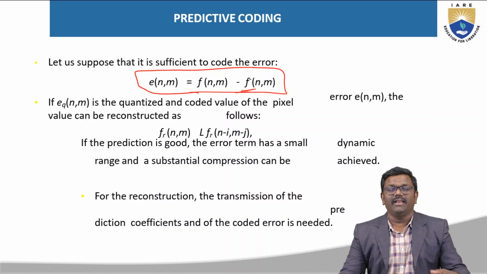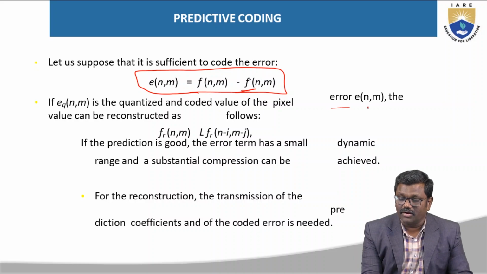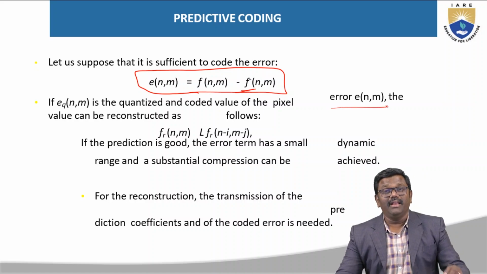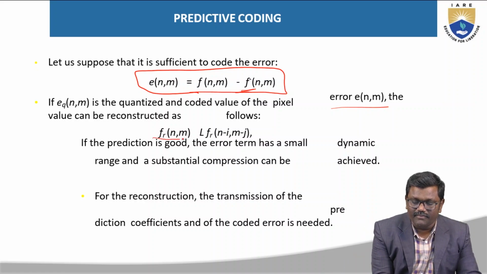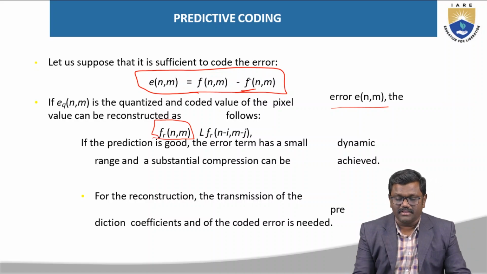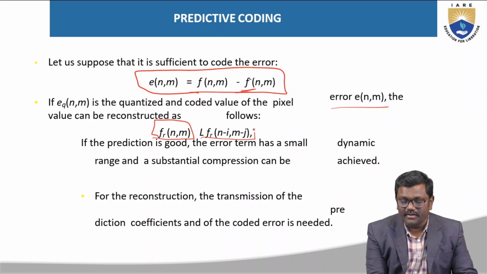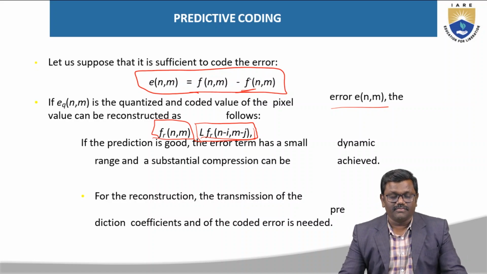We can consider this value as an equation in terms of the variation of n comma m values. e is the quantized decoded value of the pixels, which we call the error. The value can be reconstructed as follows. In this sense, f suffix r of n comma m is nothing but L of f of r, where we concentrate on the total content of an image which varies in terms of your predicted value.